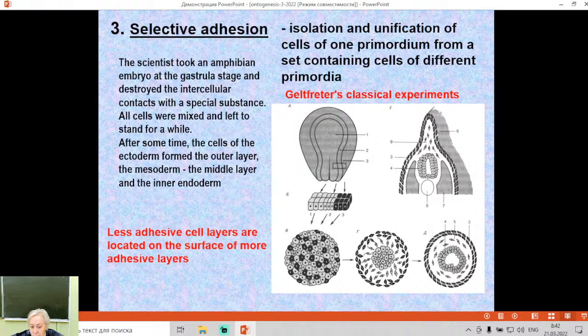After some time, the cells of the ectoderm formed the outer layer, you see. The mesoderm formed the middle layer, and the endoderm the inner layer. Conclusion: less differentiated cell lines are located on the surface of more differentiated layers.